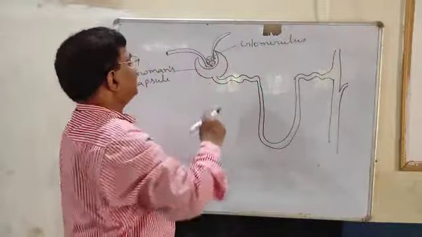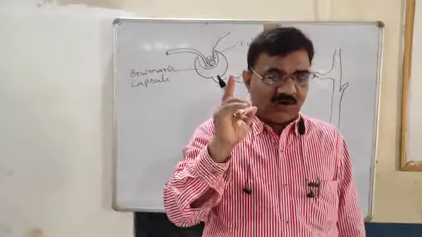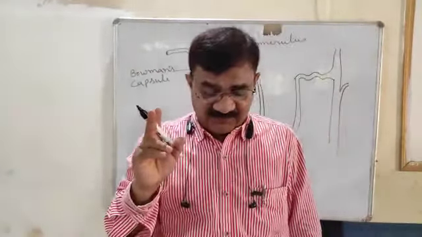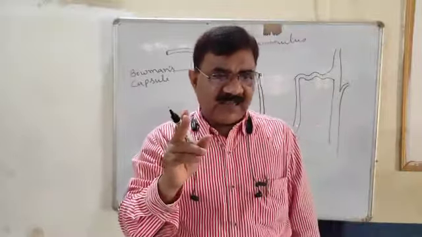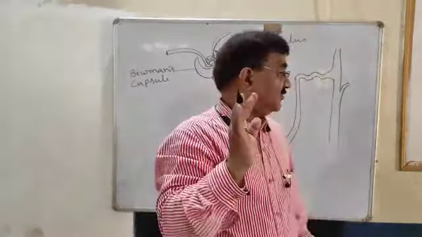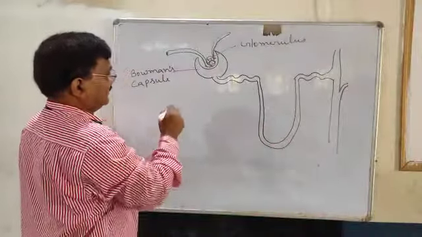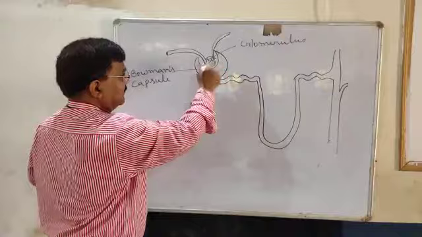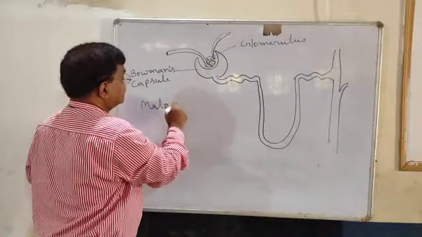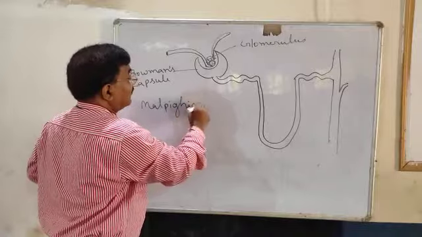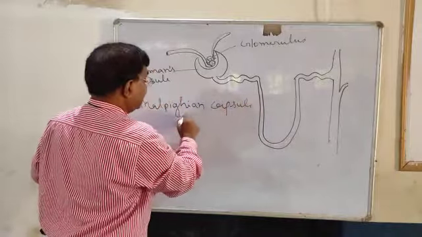and the glomerulus and Bowman's capsule together are called the Malpighian capsule or renal capsule.